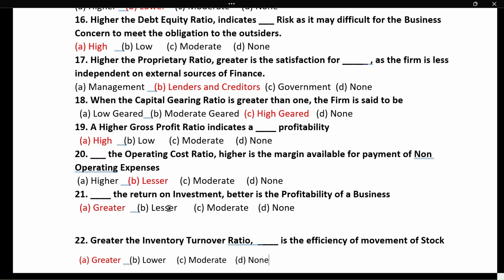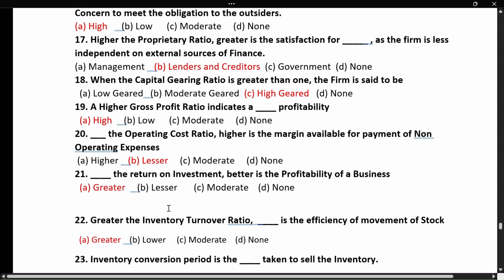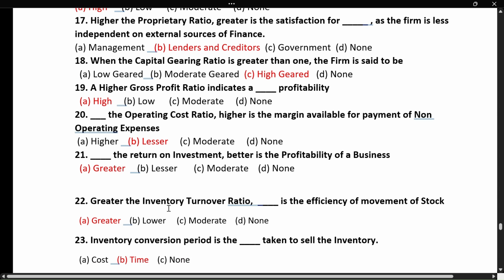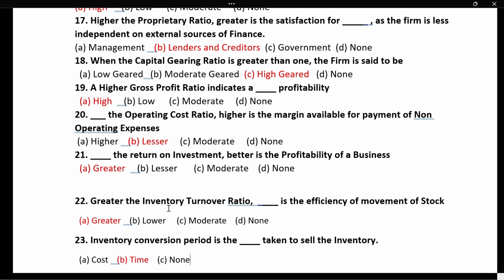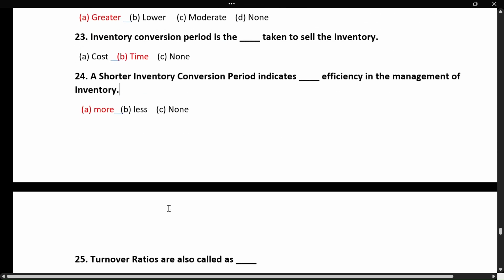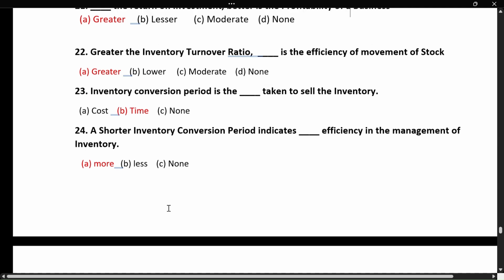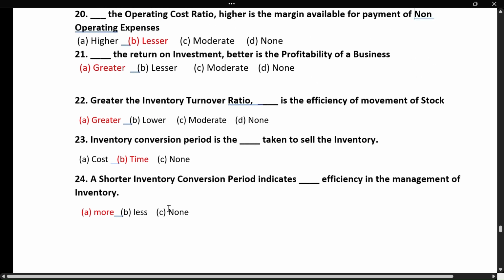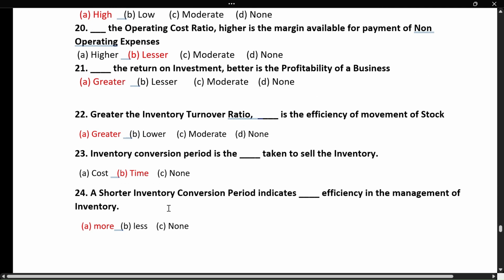The higher the proprietary ratio, the greater is the satisfaction for lenders and creditors as the firm is less dependent on external sources of finance. When the capital gearing ratio is greater than 1, the firm is said to be highly geared. A high gross profit ratio indicates high profitability. The lesser the operating cost, the higher the margin to pay off its non-operating expenses.